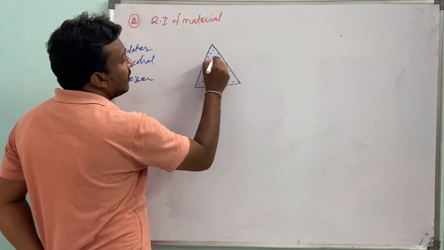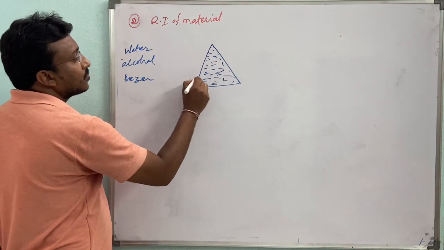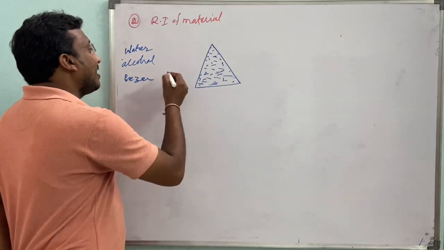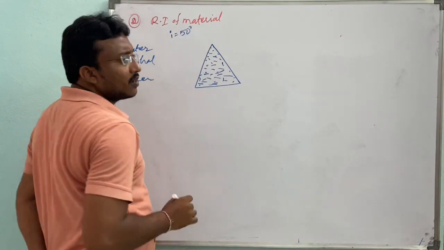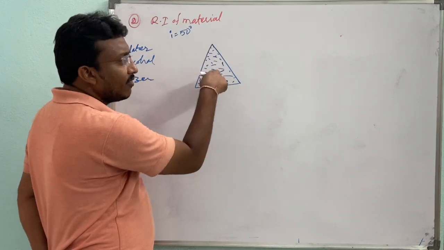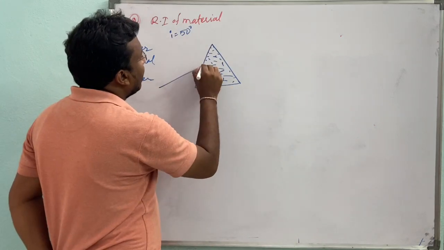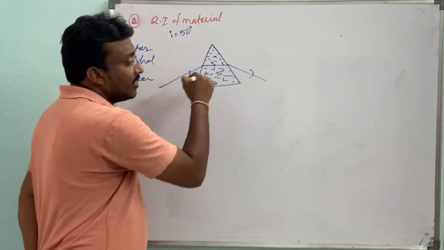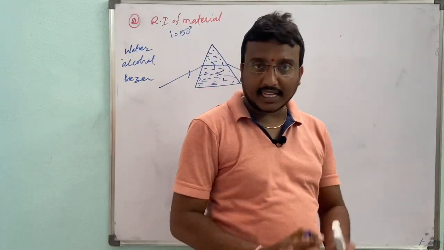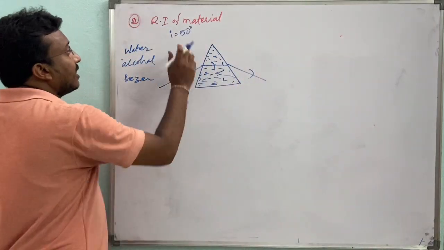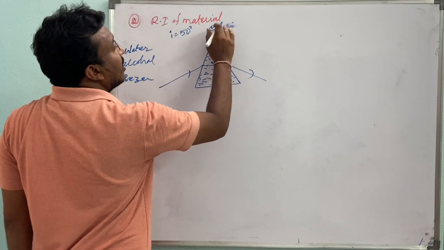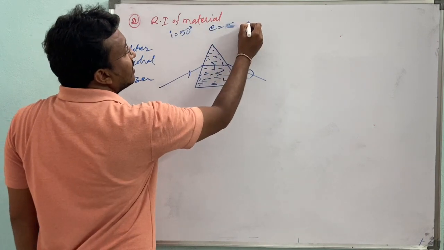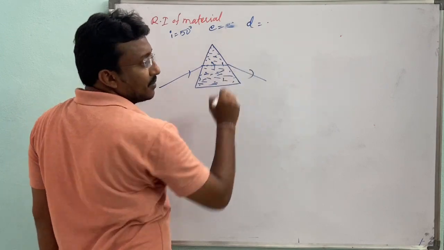First fill it with water and take the angle of incidence as approximately 50 degrees. The hollow prism is filled with water, and repeat the lab activity we discussed in the previous class as it is. Then note down the emergent angle as well as the angle of deviation.